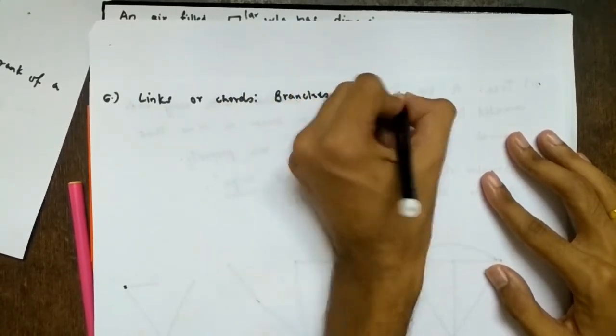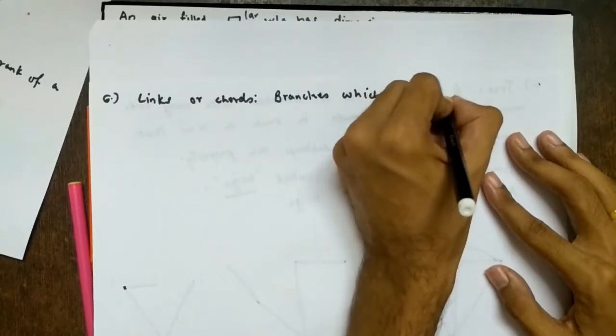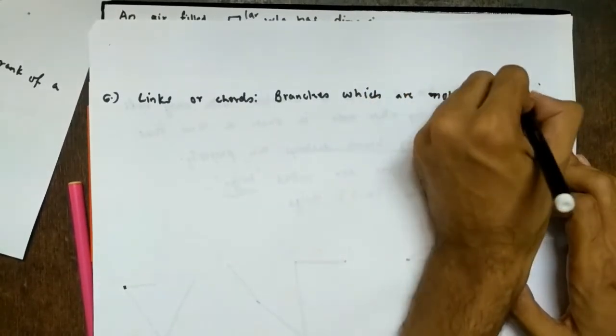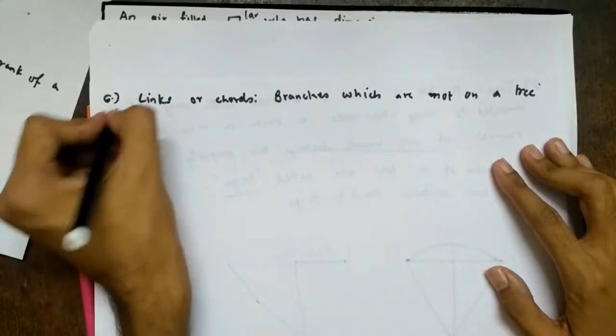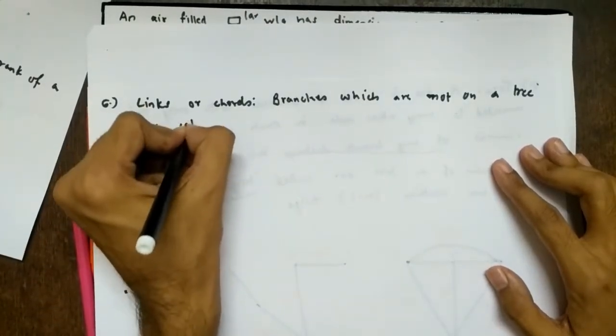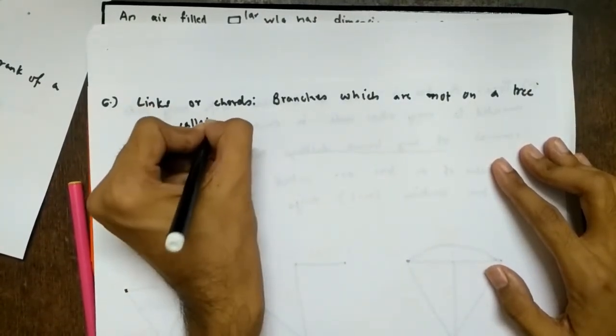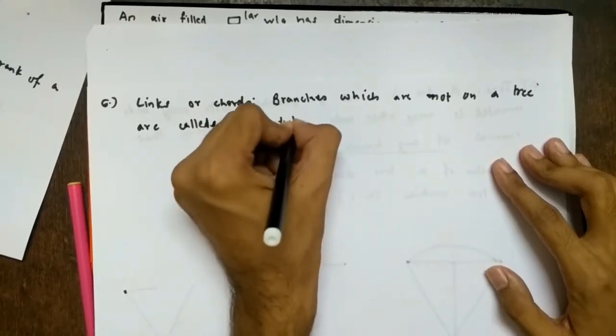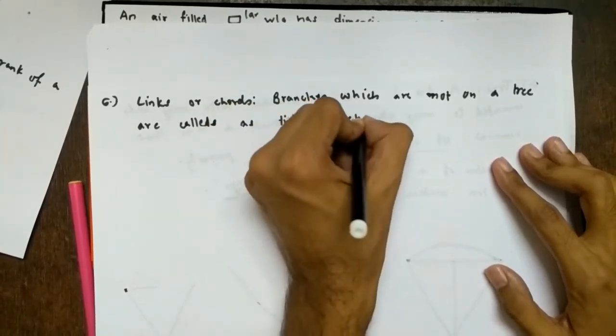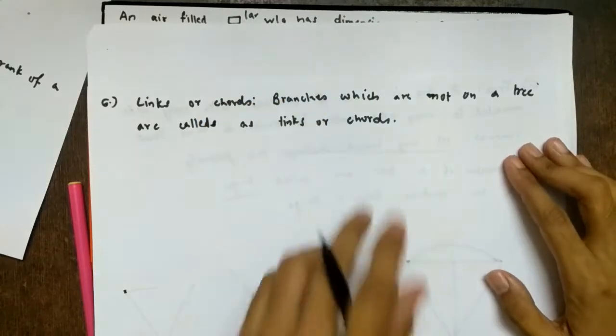Branches which are not on a tree are called links or chords. Okay.